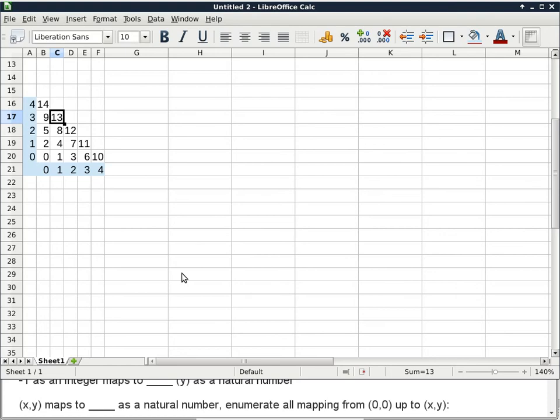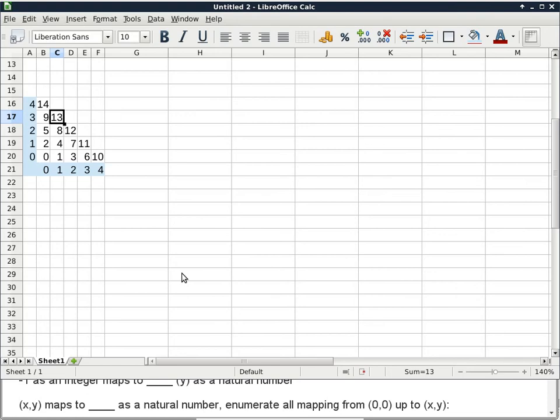That makes it injective. On the other hand, if you pick a particular natural number, it will have a place on this two-dimensional space, and as a result, it will end up with an x-coordinate and also a y-coordinate. That makes it surjective. Since it is both injective and surjective, it is bijective.